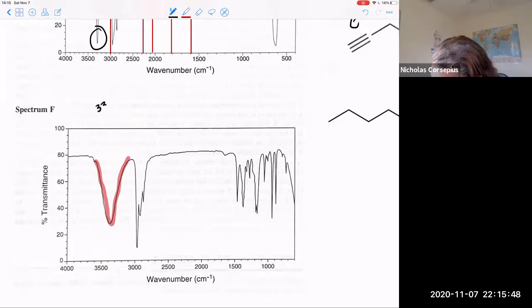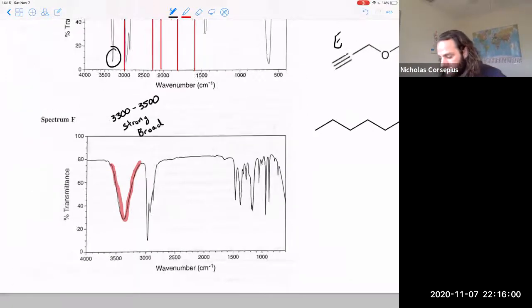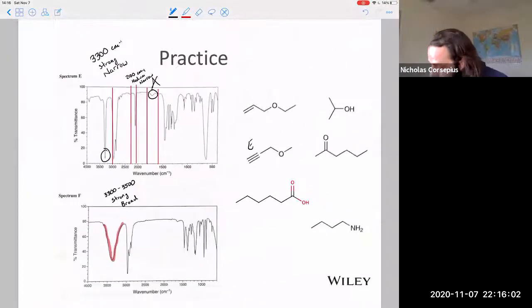So 3300 to 3500, it's strong and it's, oh, no, it's not narrow at all. That would not work. It's broad. That is the signature of an alcohol. So I'm going to think it's this guy here, and I can just verify that the only other signal I'm really going to get are my sp3 carbon-hydrogens. Okay.